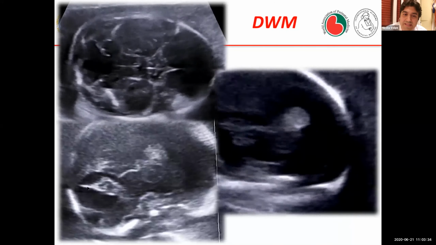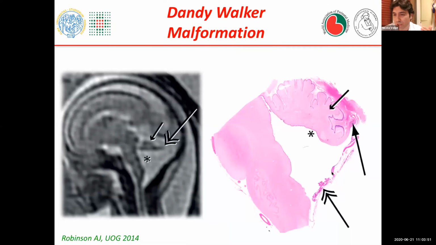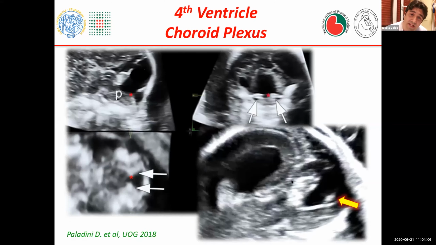Because the posterior membranous area has been involved in this pathological process, you can see the plexus far away from the vermis. Some authors, like Dario Paladini, that is very keen to study this kind of pathologies, have already published this. And you can see here the plexus that is far from the vermis.